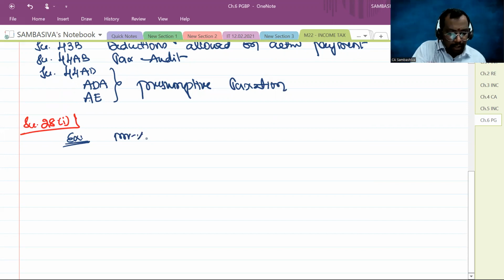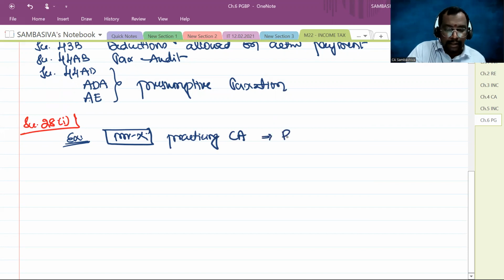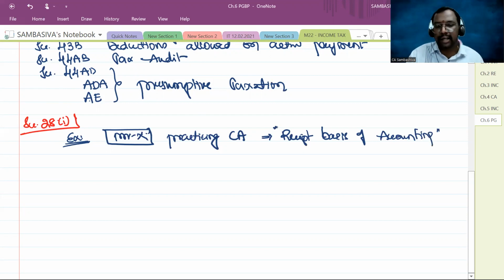Mr. X, a practicing chartered accountant, adopted a receipt basis of accounting for the purpose of calculation of his professional income.